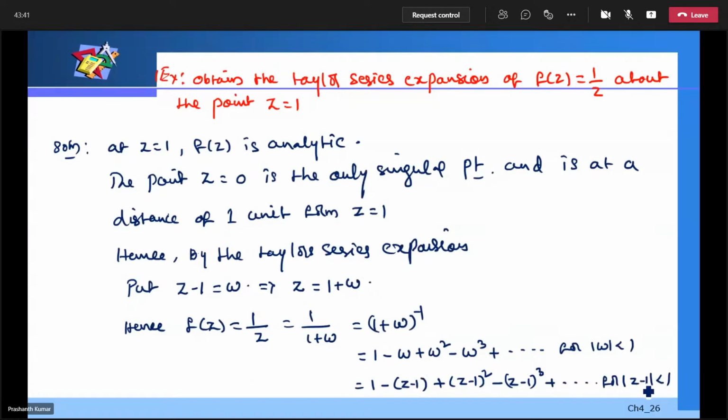This is the unit circle with center at 1. This is the required expansion.